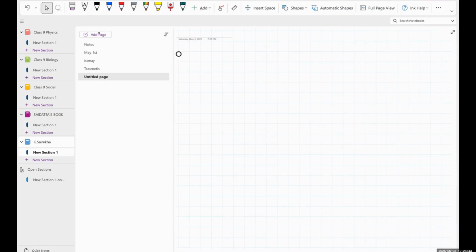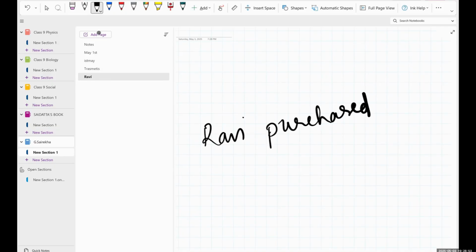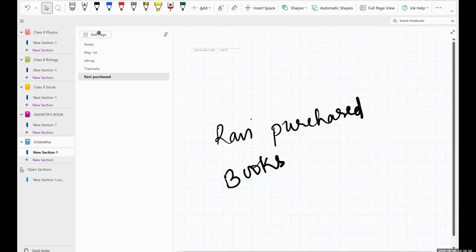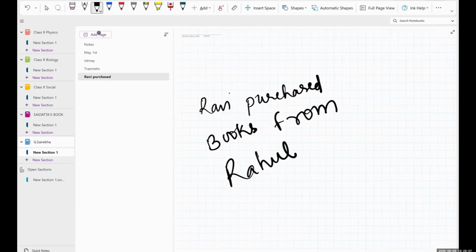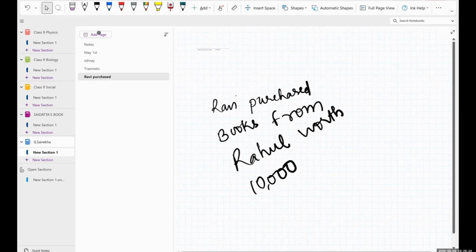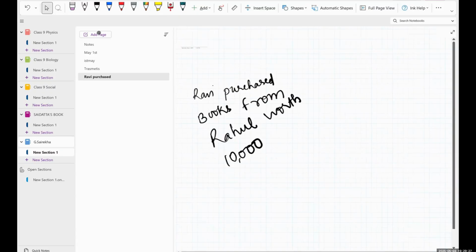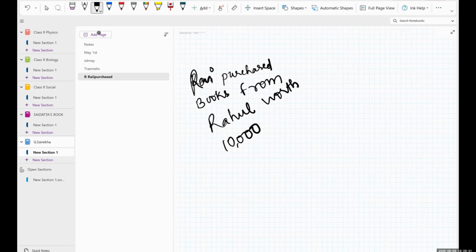Okay. Now, I'll write one thing. Ravi purchased books from Rahul worth 10,000.